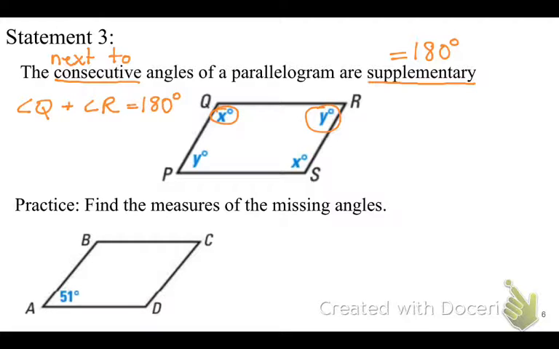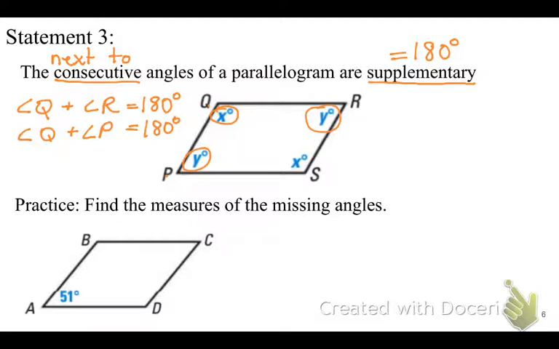Okay, also angle Q and angle P are next to each other. So angle Q plus angle P is also going to be equal to 180 degrees. Okay, we have no idea what Q, P, and R are right now. All we know is that if you add them together, you're going to get 180 degrees.